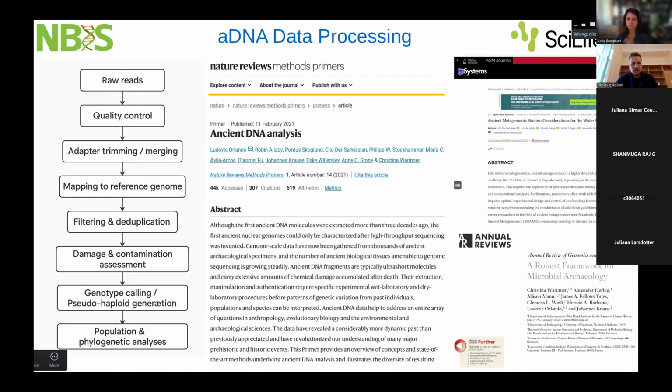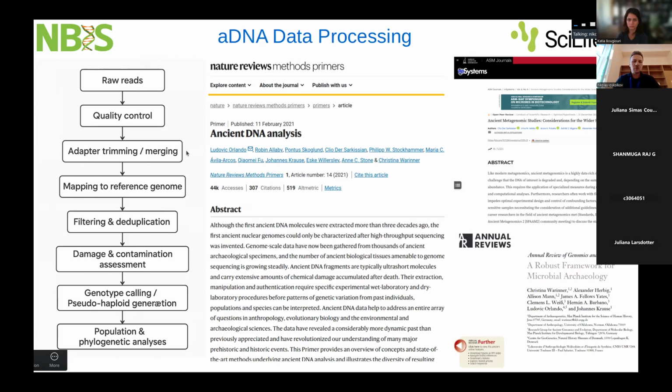Yes, and the ancient DNA pipelines involve similar steps to modern genomics pipelines. It's again quality control, trimming, alignment, genotype calling, and so on. There are some peculiarities. All of these steps are a little bit different for ancient DNA.